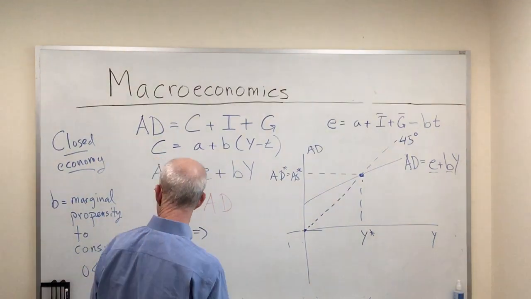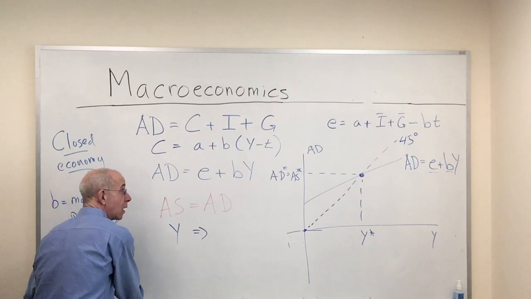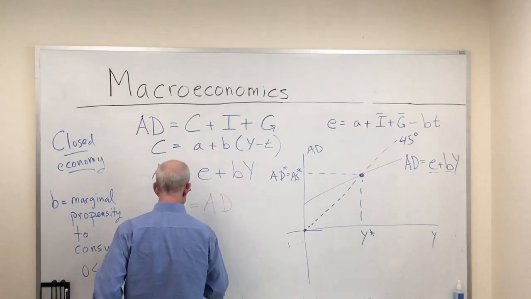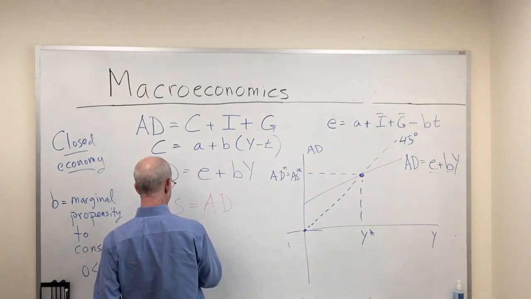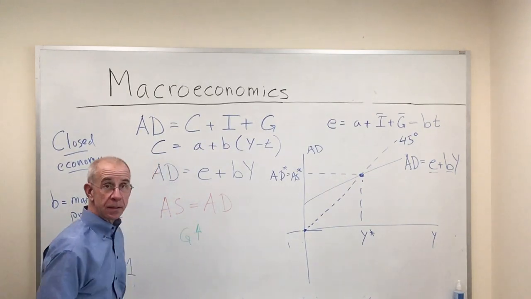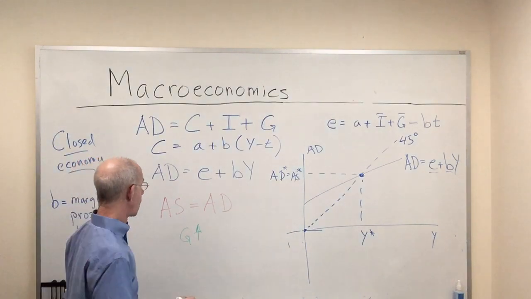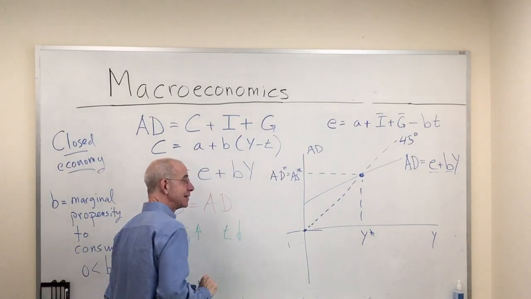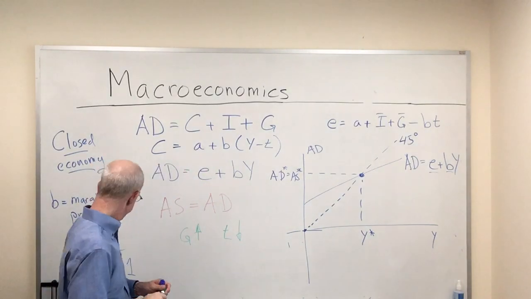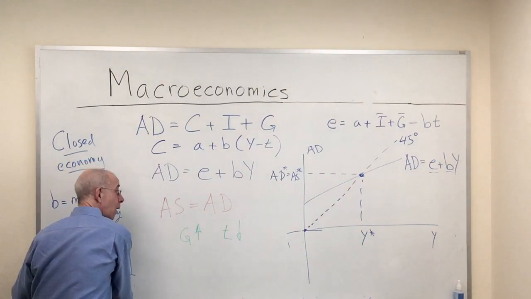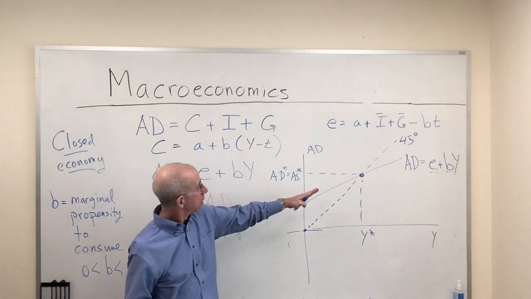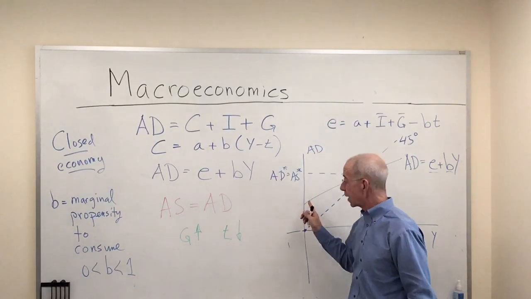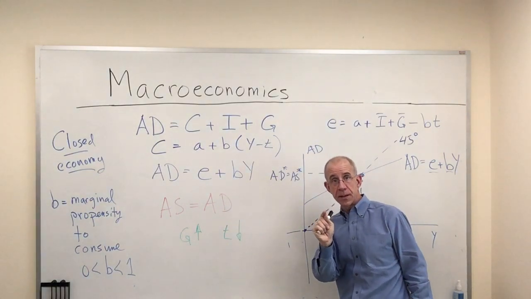So in the previous video, we talked about how an increase in government spending or a decrease in taxes, either one, will increase the intercept. So again, if you need to review that, please do.